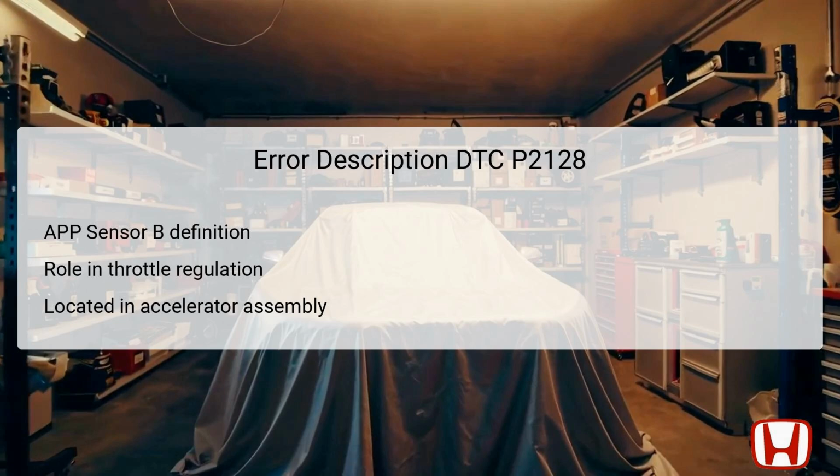This sensor is typically located in the accelerator pedal assembly, which is attached to the vehicle's floor near the driver's side. If the sensor reports a high voltage, it can cause various engine management problems, such as unresponsive acceleration or engine stalling. Understanding where this sensor is located and how it functions is essential for effective troubleshooting of the issue.